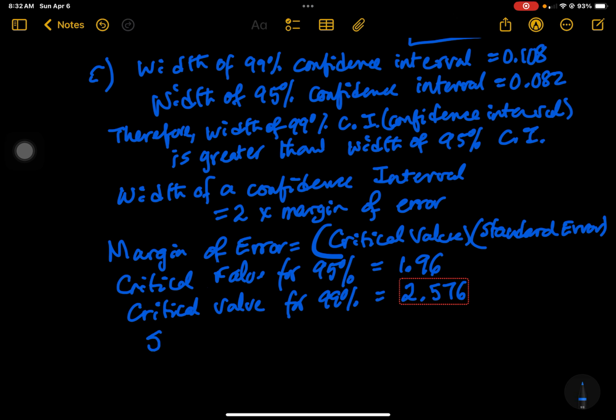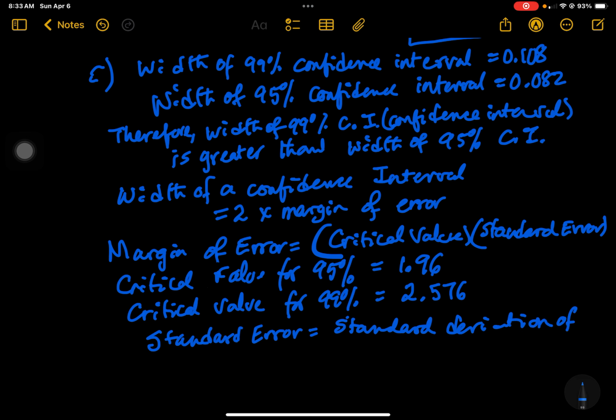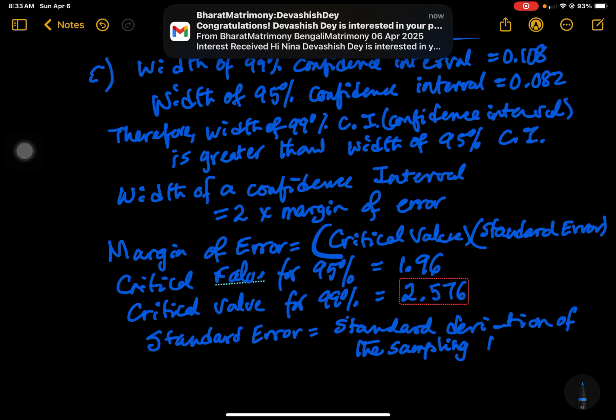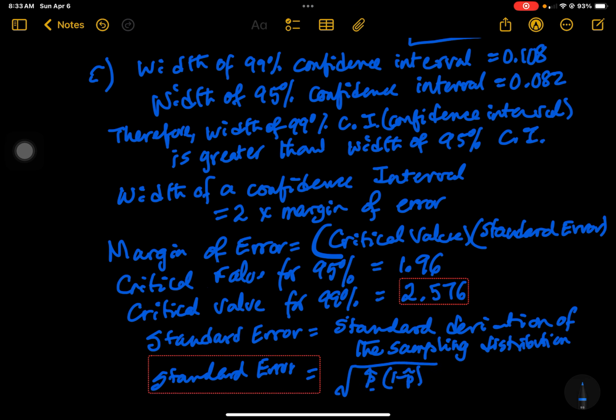Okay. Also, what is standard error? Standard error is equal to the standard deviation of the sampling distribution, and that is equal to the square root of p hat times 1 minus p hat over n.